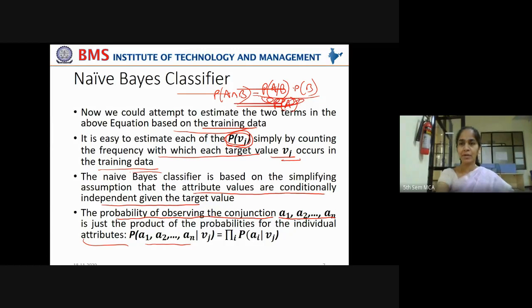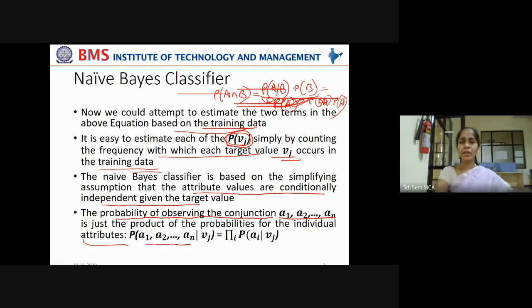Divided by is not there; I just got confused with Bayes theorem. Extremely sorry. We can represent it as probability of A given B multiplied by probability of B, or probability of B given A multiplied by probability of A. That is the product rule, you remember?